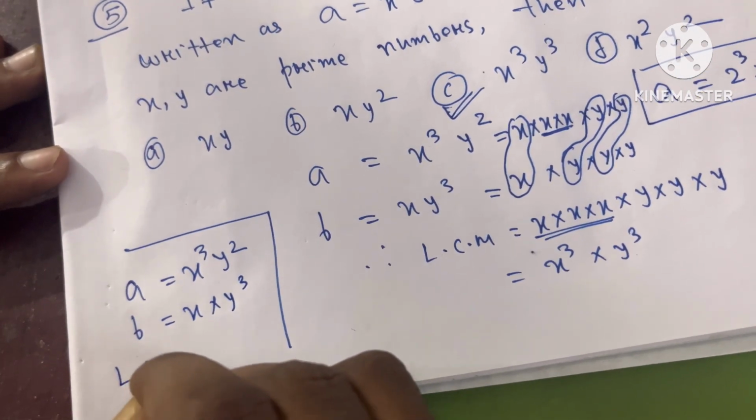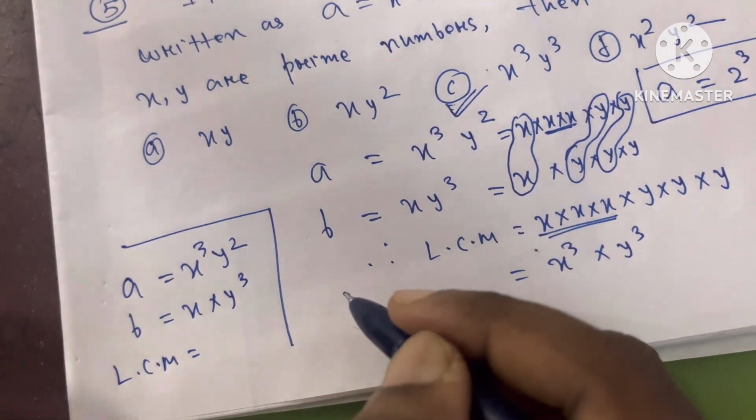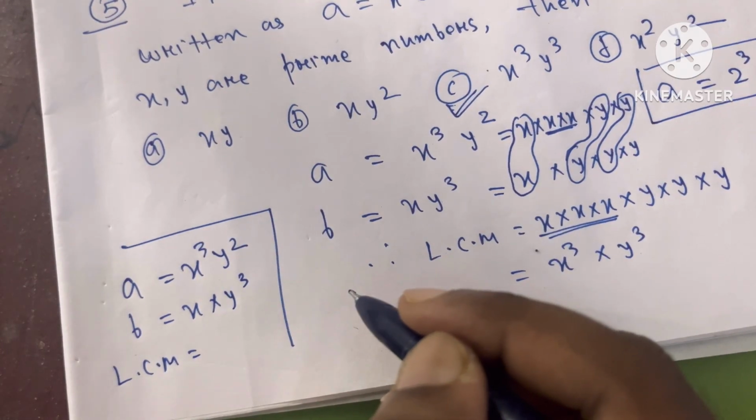What do we mean by LCM? LCM means we take that prime factor which has the greatest exponent.